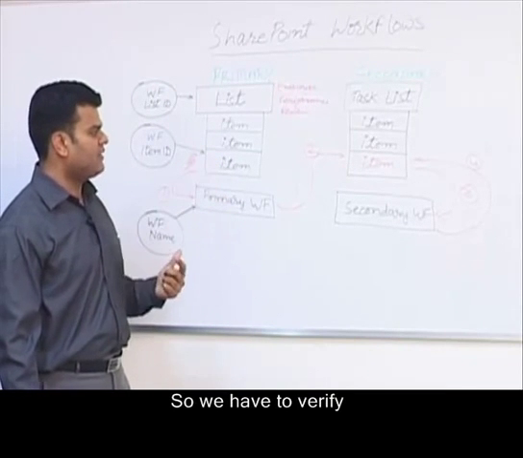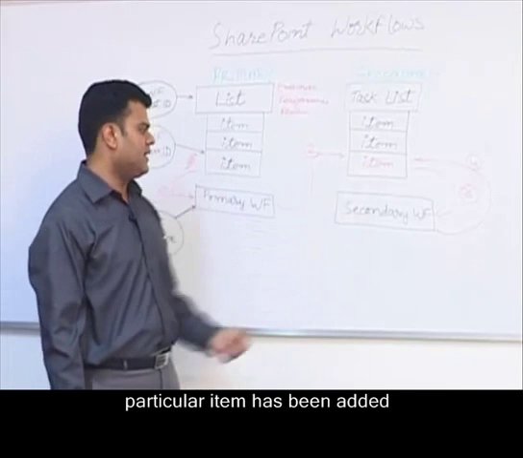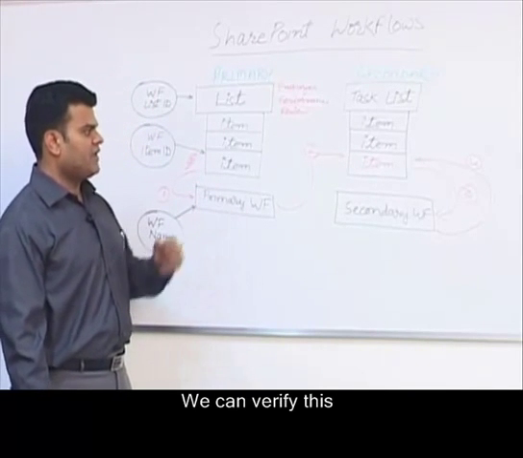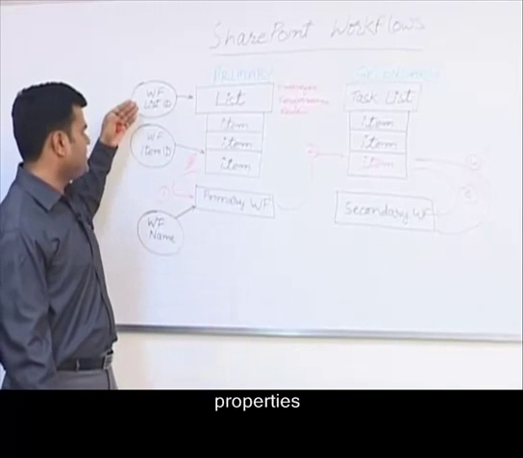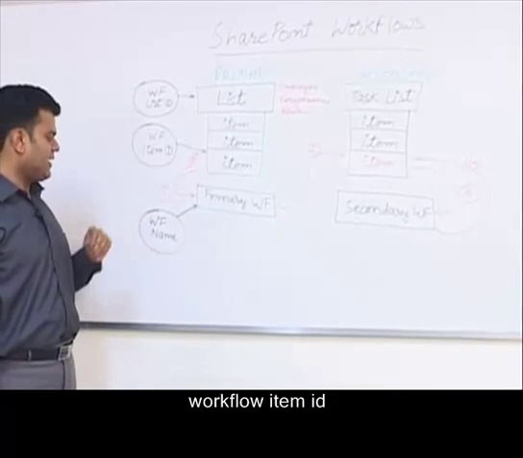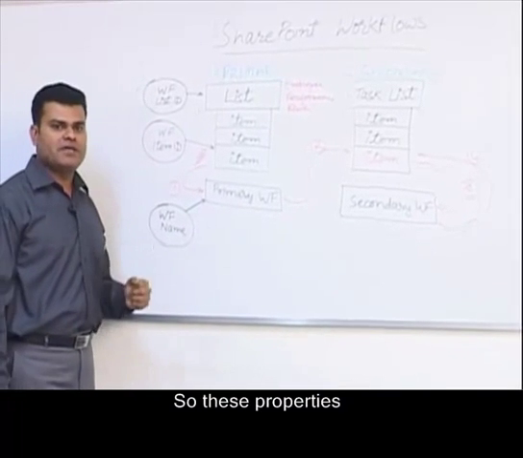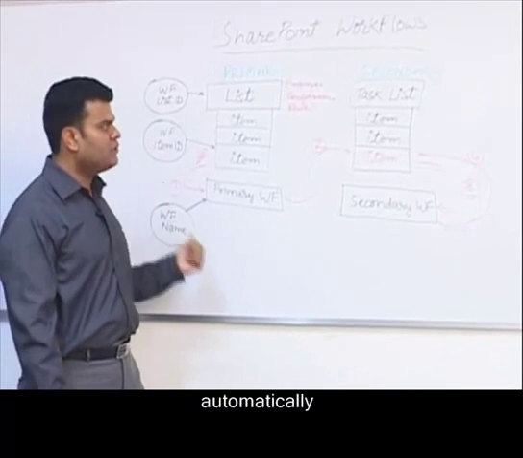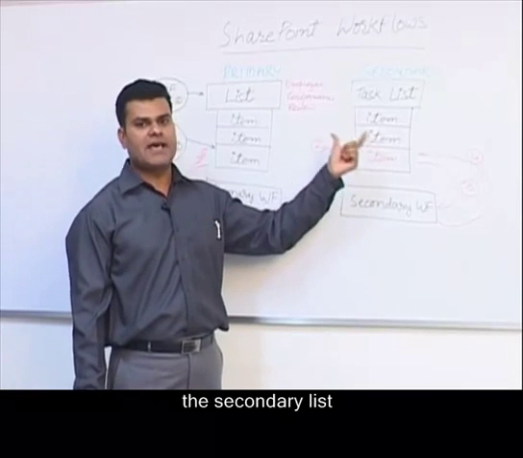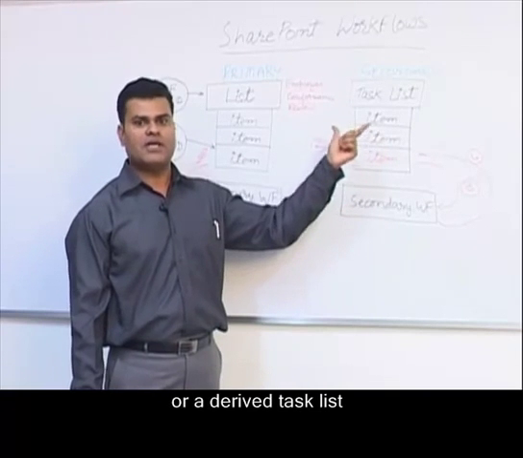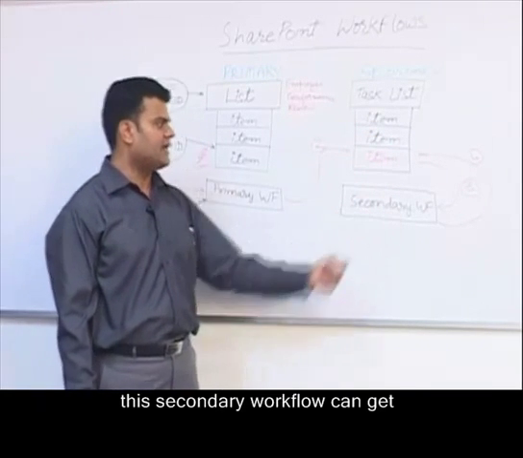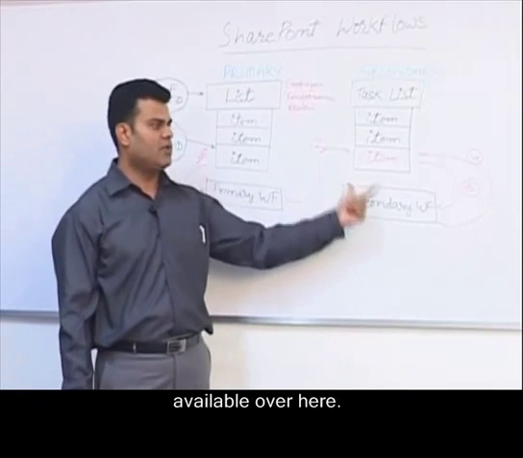We have to verify whether this particular item has been added by a specific primary workflow. We can verify this with the help of properties like workflow list ID, workflow item ID, and workflow name. These properties are propagated automatically to the task list only. So make sure the secondary list is a task list or a derived task list. Only then can this secondary workflow get these propagated properties.